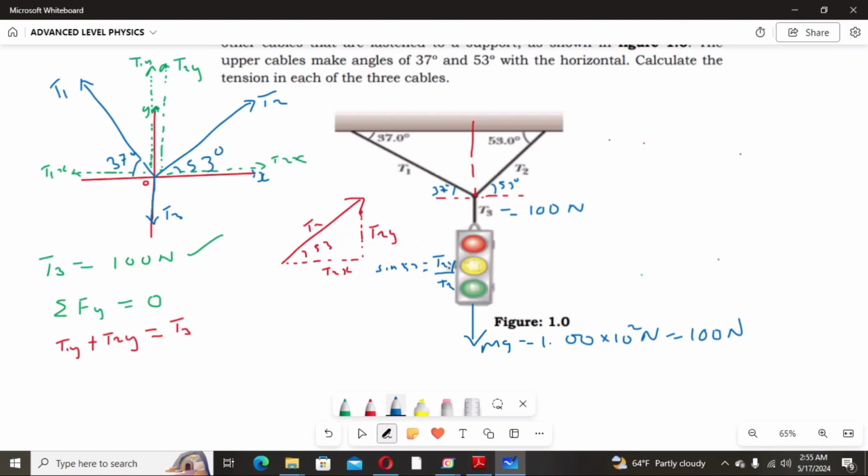So T2y is the opposite, then T2 is the hypotenuse.